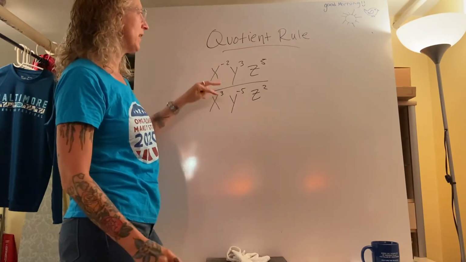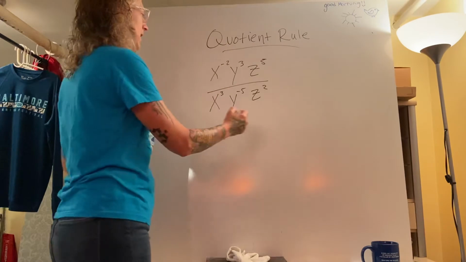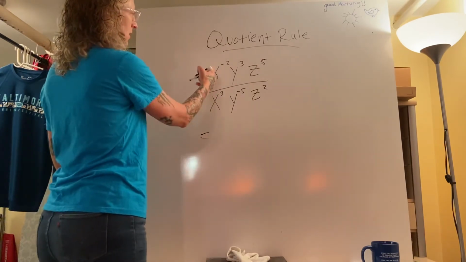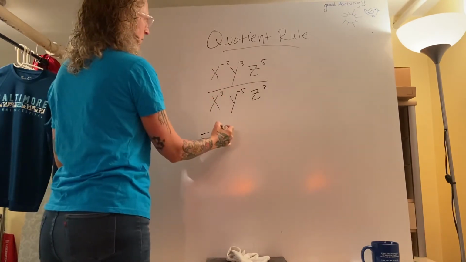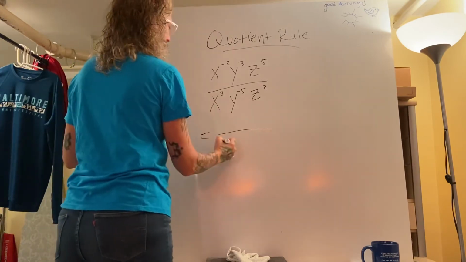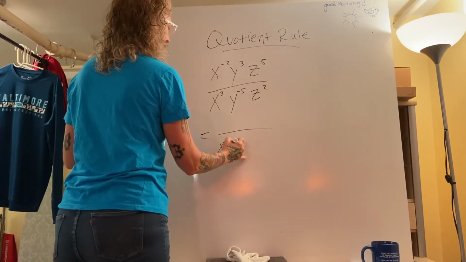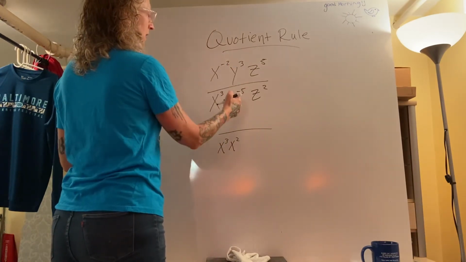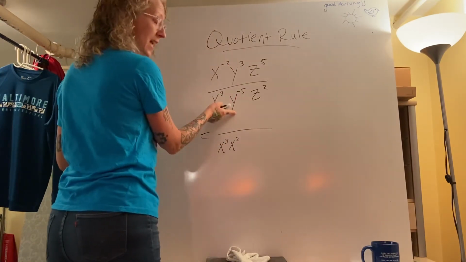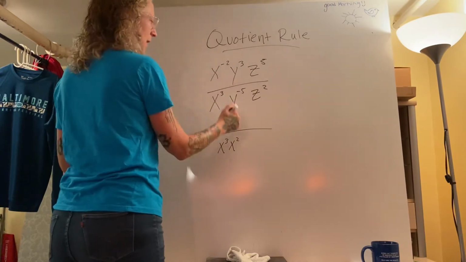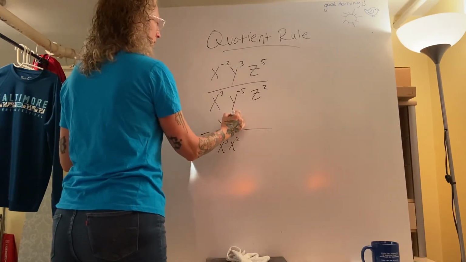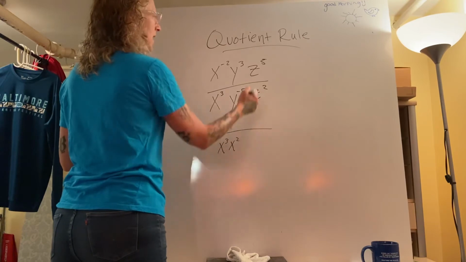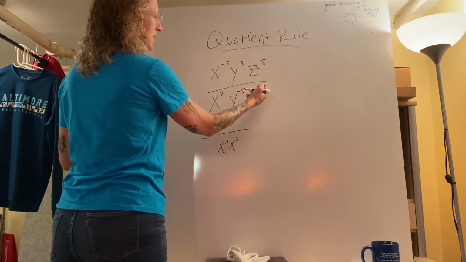So let's just rewrite it with all of our negatives flipped, okay? So negative 2 becomes down here on the bottom. So the x goes to the bottom. So it's going to be x to the third, x squared, y to the third, but here's a y to the negative 5. So this has to flip. It goes up to the top. So this becomes y to the third, y to the fifth, and then z to the fifth and z squared.